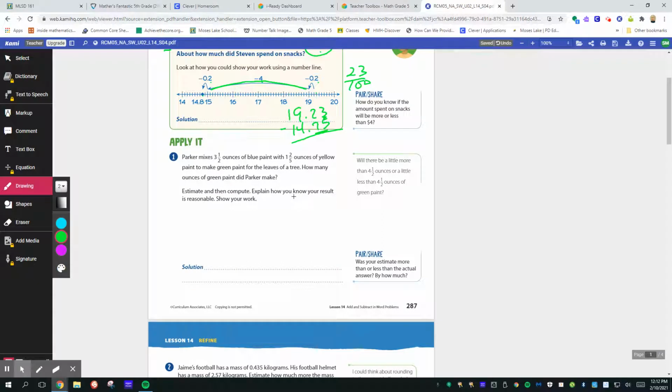All right. Number 1. Parker mixes 3 1/2 ounces of blue paint with 1 2/5 ounces of yellow paint to make green paint for the leaves of a tree. How many ounces of paint did Parker make? So if we're using our benchmark fractions, a half is a benchmark. So if we use 3 1/2 with 1 and, well, what's close to 2/5?